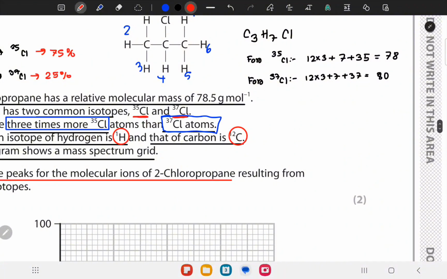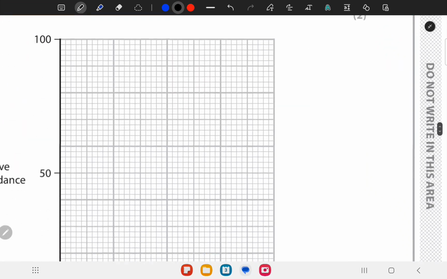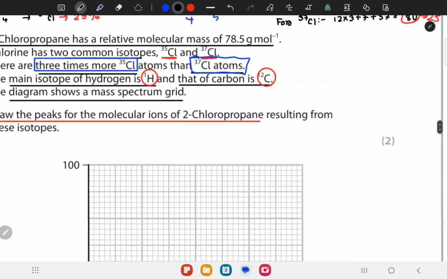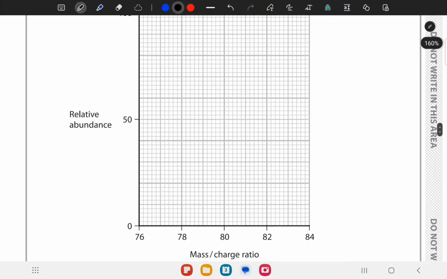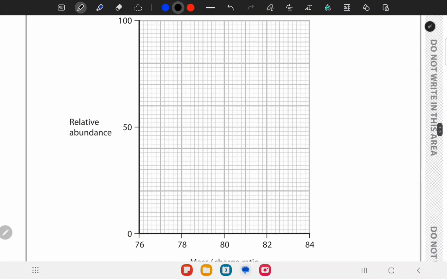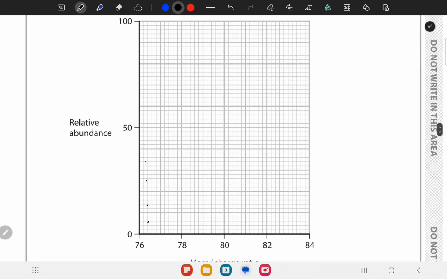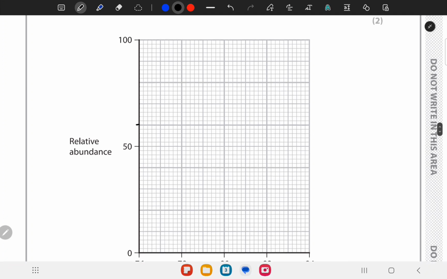So the relative abundance for 78 will be 75 and for 80 will be 25. 50 is over here: 1, 2, 3, 4, 5. 5 boxes is 50, so each box is 10. So this is 60, this is 70.